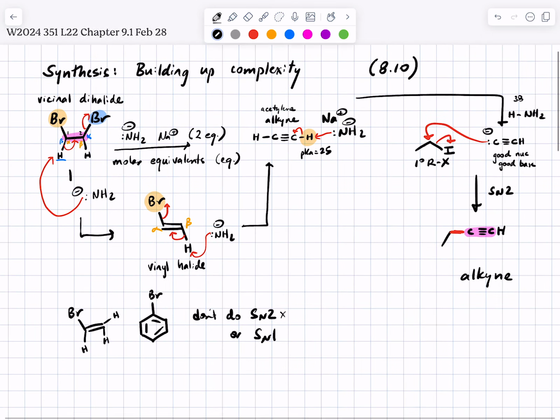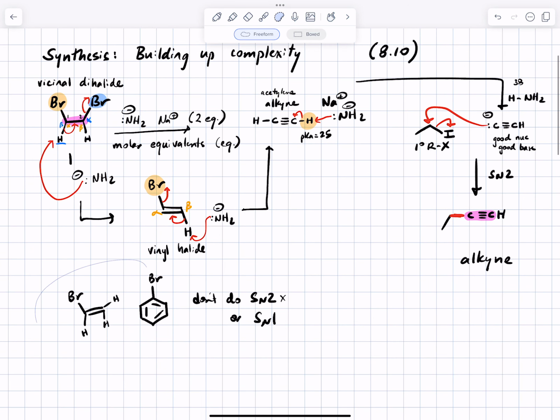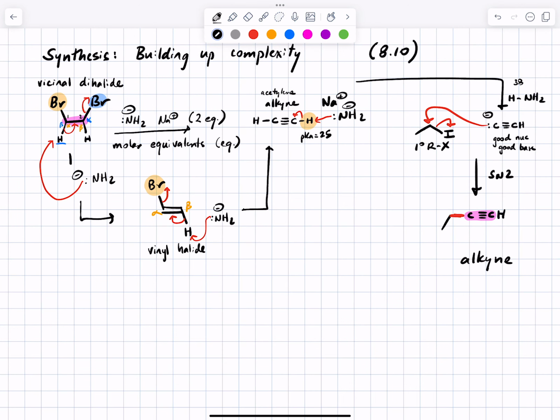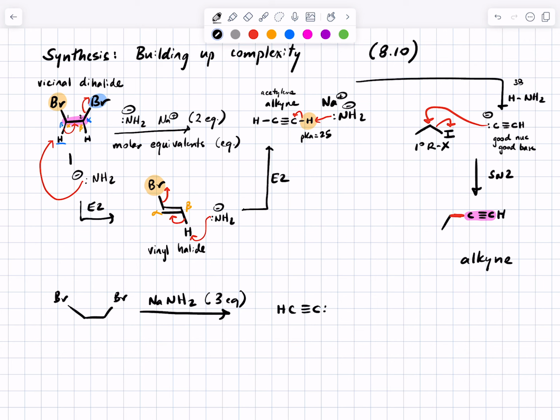So if I were going to simplify this and write this, I've written it out sort of stepwise, but if I were in a hurry and trying to make my life easier, I would simply write using 3 molar equivalents of NaNH2, does the 2 E2 eliminations first, then, having formed the alkyne, deprotonates the alkyne to give me this nucleophile.